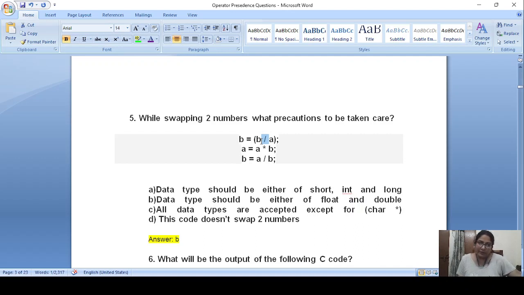After the division, if any of the variables is int, the output will be int, and in this way the numbers after the decimal will be discarded. So here the answer will be B.